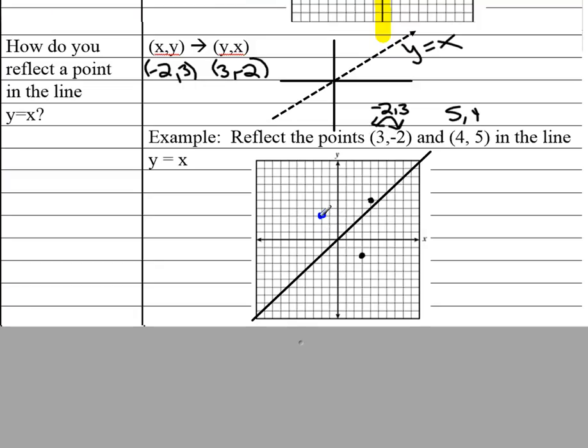So these points are reflected over the line y equals x. Then I would go to my point 4, 5, and I would go to the right 5 this time, 1, 2, 3, 4, 5, and up 4, 1, 2, 3, 4. So the rule is if we're reflecting over the line y equals x, then we flip-flop our position of x and y.